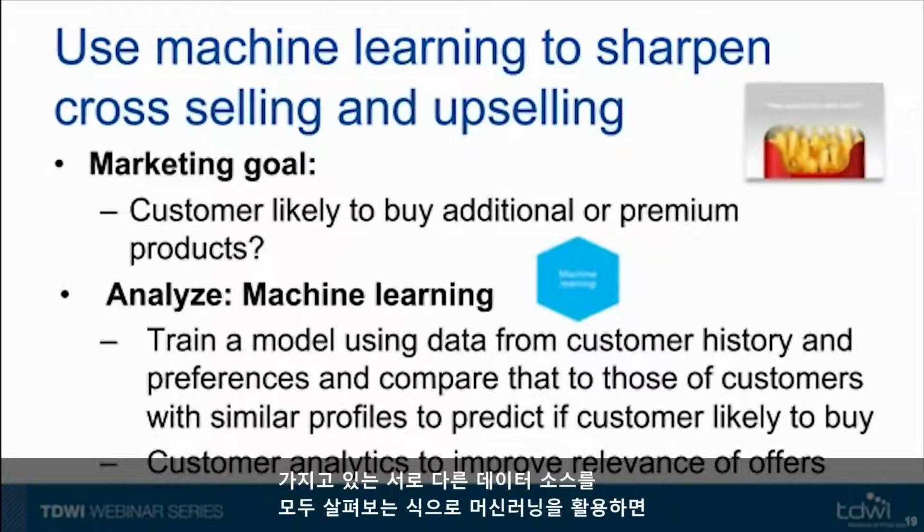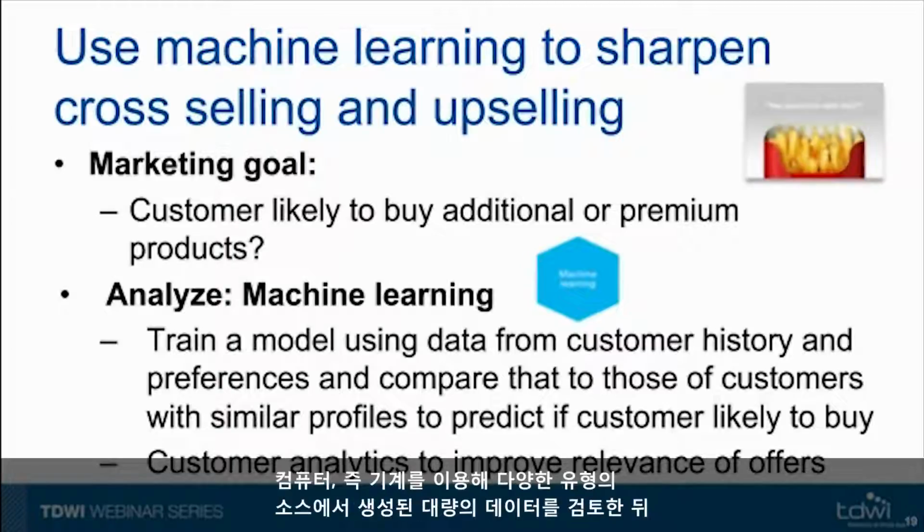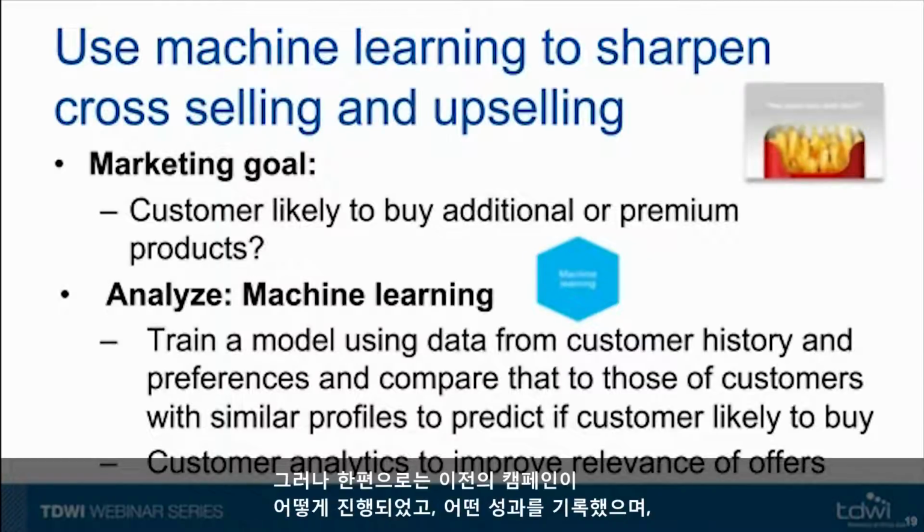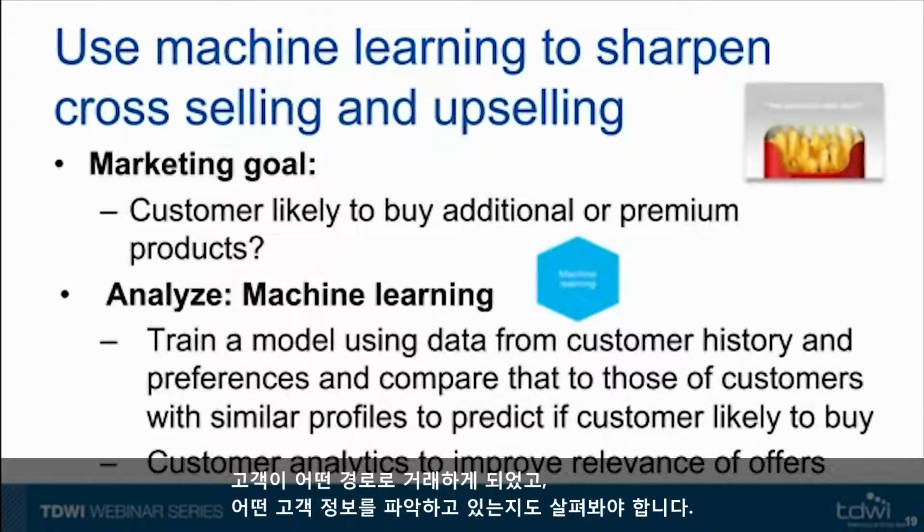The idea of what you can do with machine learning is to look at all the different data sources you have, and use machines to look at huge volumes of data generated by lots of different sources, including customer analytics sources like customer behavior, but also previous campaigns, how they did, what their performance records were, and how the customer path to a transaction went.